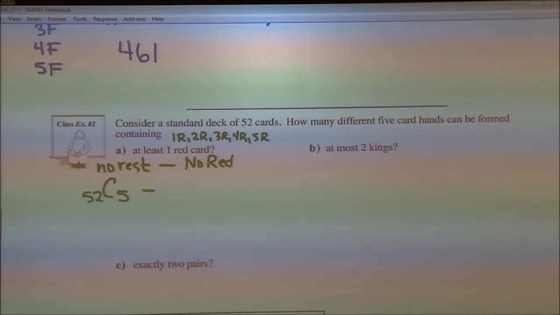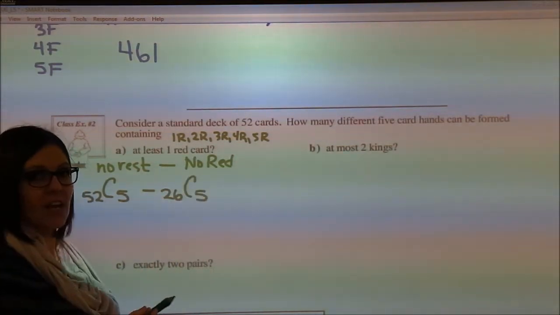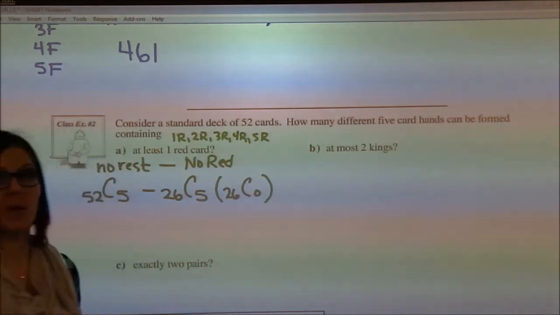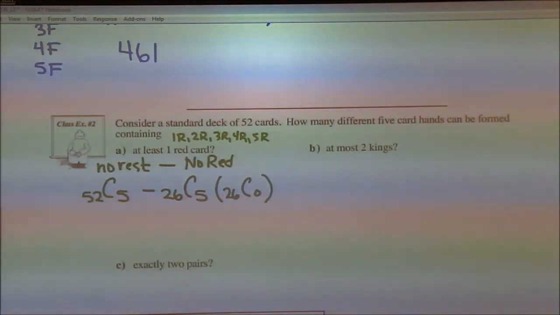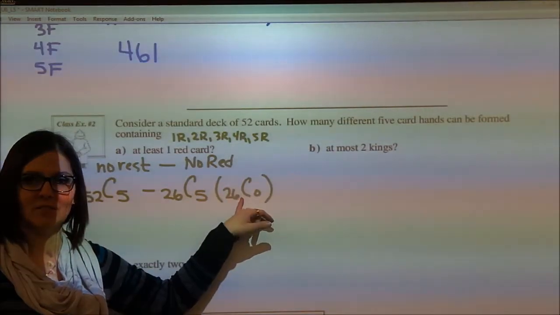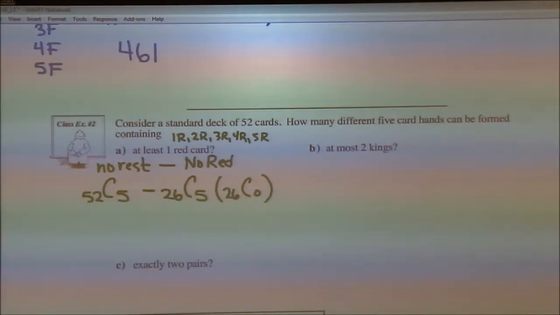So that means choosing all black cards. How many black cards do I have to choose from? 26. And I'm picking 5 of them. The other thing that I can think of is that I've got 26 red cards that I'm picking nothing of. But what do you think this is going to equal? It's just 1. There's only one way of not picking a red card. That's to not pick the red card.